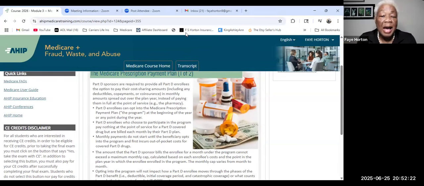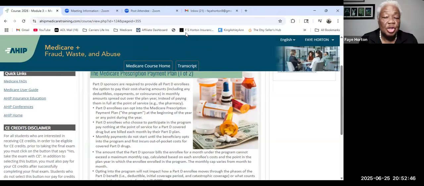Part D enrollees may opt into the Medicare prescription payment plan at the beginning of the year or at any point during the year. Part D enrollees who choose to participate in the program pay nothing at the point of service, but are billed each month by the plan.